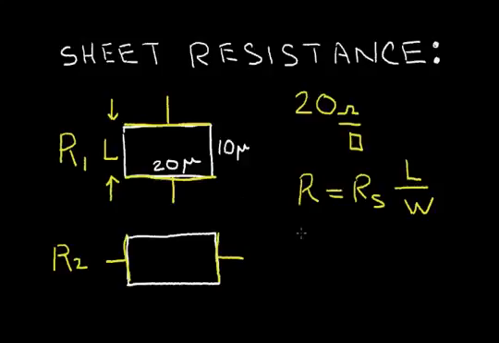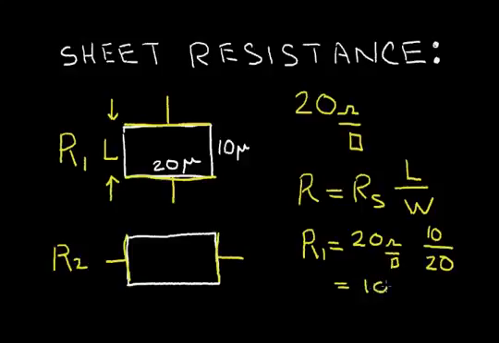So let's solve for R1. R1 equals the sheet resistance, which is 20 ohms per square, times the number of squares, and the length is 10. The width is 20, so I have half a square, times 20 ohms, so the resistance R1 is equal to 10 ohms.